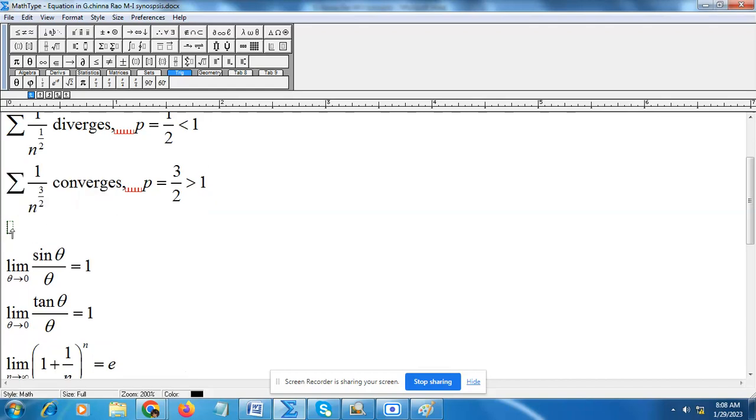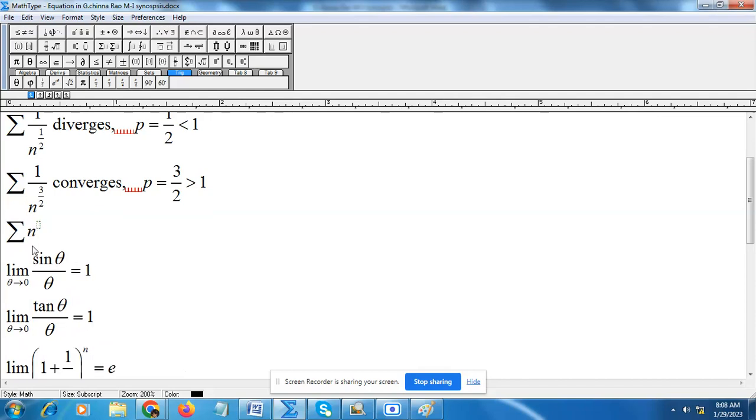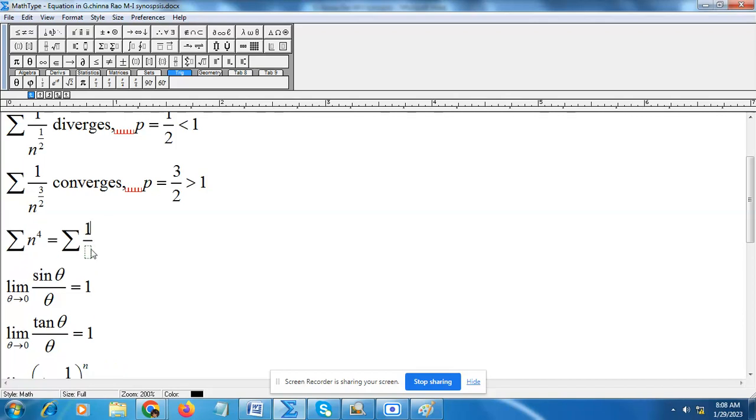sigma n power 4. What about this? You write it in the form of 1 by n power p.